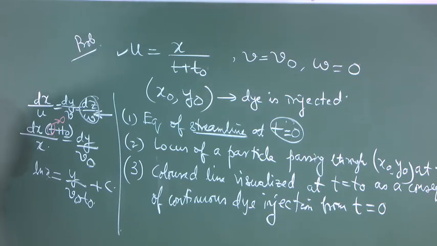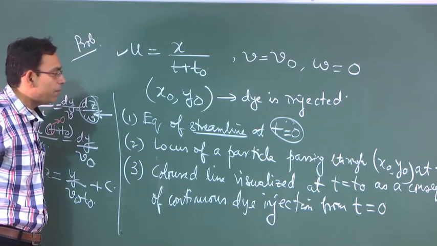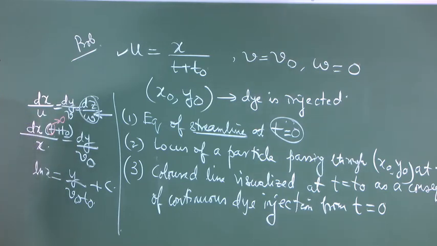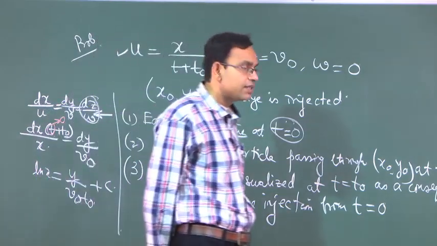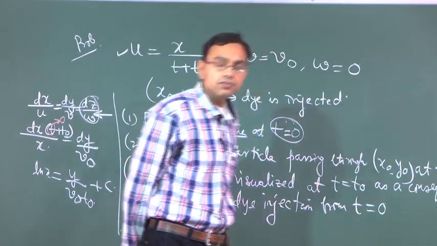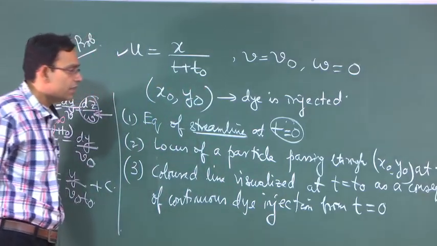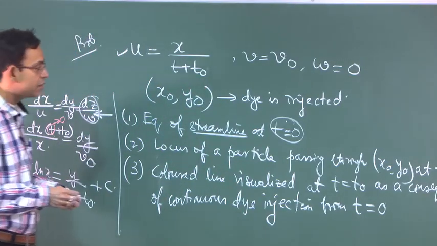The second part, locus of a particle passing through x0 y0 at t equal to t0. So, how do you find out the locus of a particle passing through x0 y0 at t equal to t0? So, we can do it something like this.